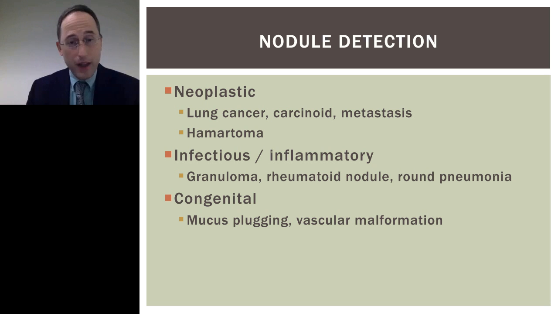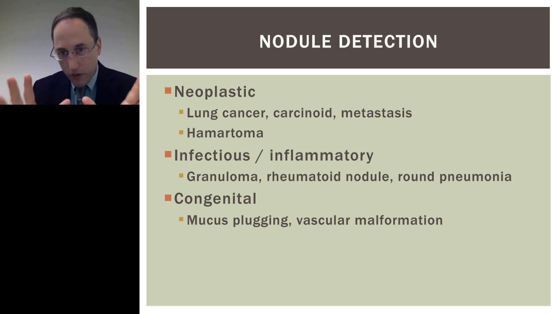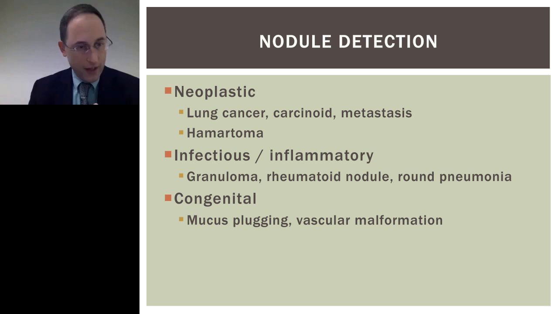The main one everyone thinks about, of course, is lung cancer as a neoplastic cause. But that could be carcinoid, metastasis, and benign things like hamartomas. You have infectious pathologies that will present as nodules. And then you have congenital pathologies, mucus plugging, vascular malformations. But the lion's share of things that people are really worried about are probably lung cancer and infections.